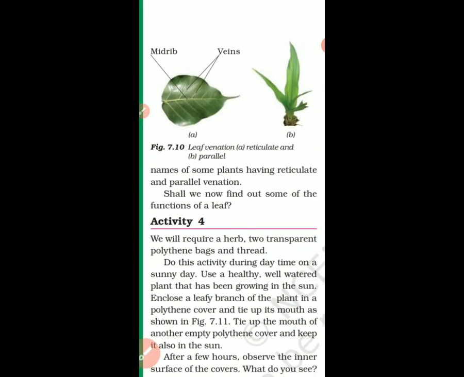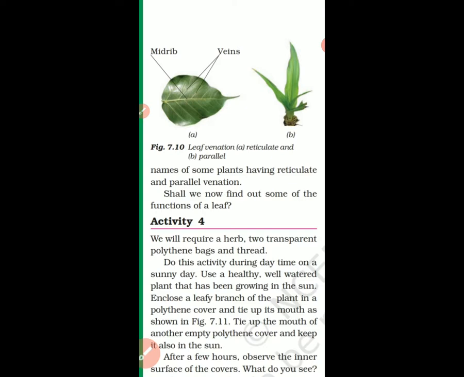Right? Okay. Next is activity 4. What does the leaf do? It is to know the work of the leaf. What does a leaf do? We will require a herb, 2 transparent polythene bags and a thread.